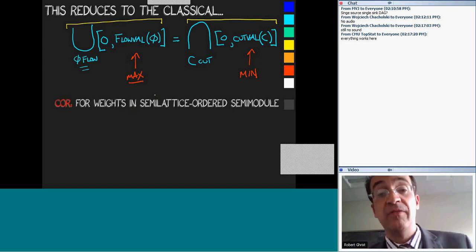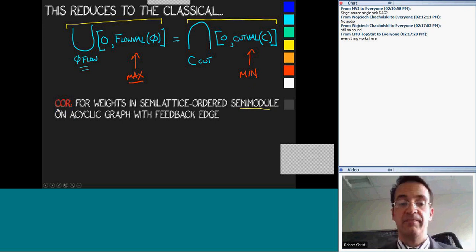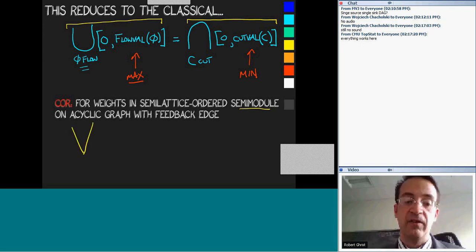Now, the statement of the sheaf theoretic MAXFLOW-MINCUT is somewhat obtuse, but it has, as presaged above, a very concrete corollary. Namely, that if your semi-module is based on a lattice, that is, if you have a semi-lattice ordering in your semi-modules, the graph is sufficiently nice. Let's say it's acyclic, except for the feedback edge. Then we can represent the sheaf theoretic MAXFLOW-MINCUT theorem a little bit more numerically as the following.